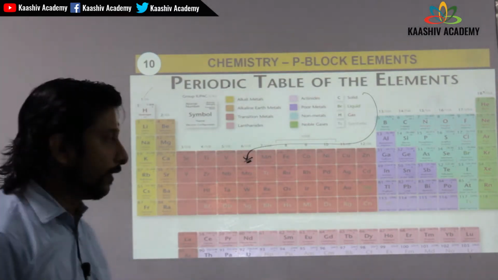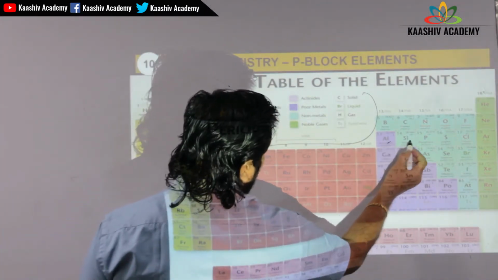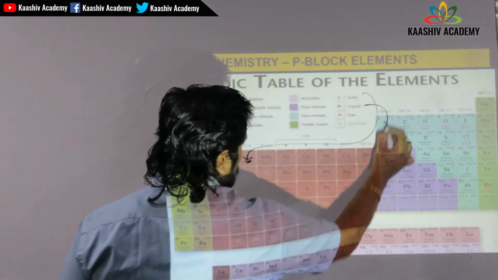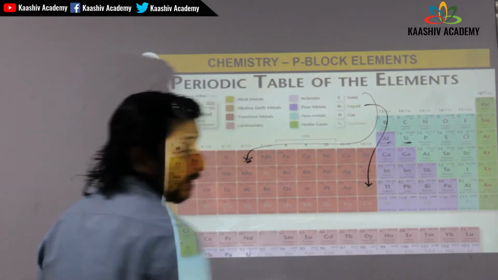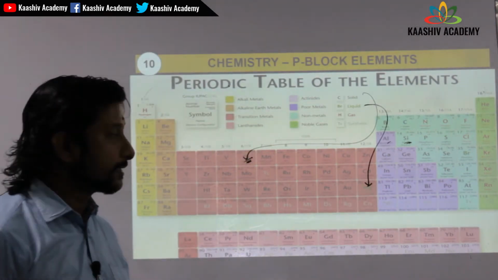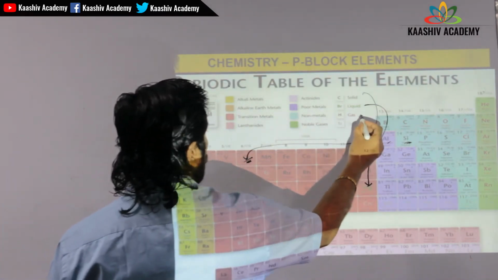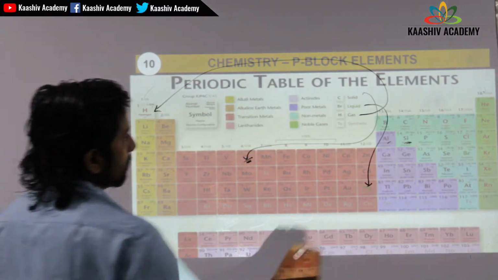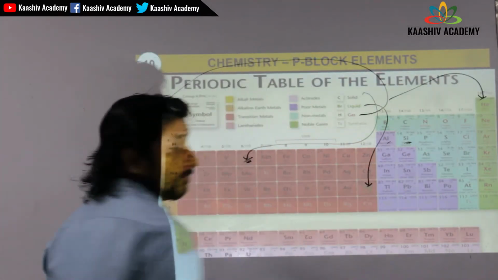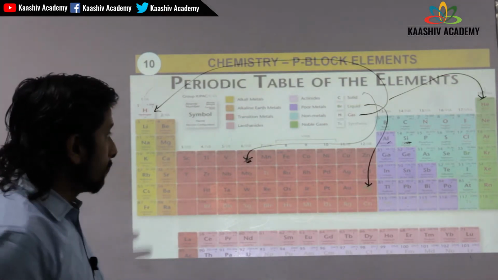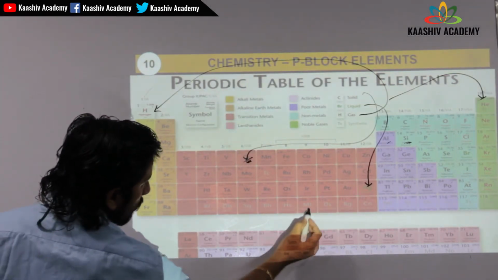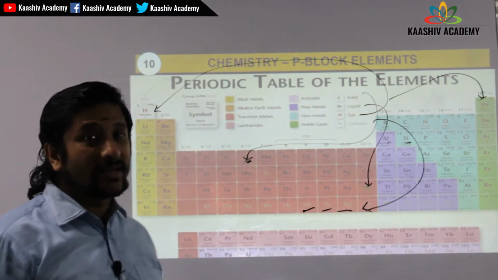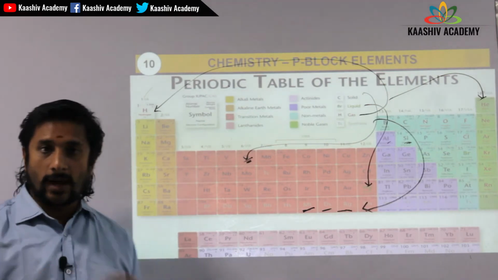The elements available in green color indicate they exist in liquid stage, and the elements in brown color indicate they are in the format of gas. And finally there are some elements in ash color, which indicates they are synthetic. That's how it's available.